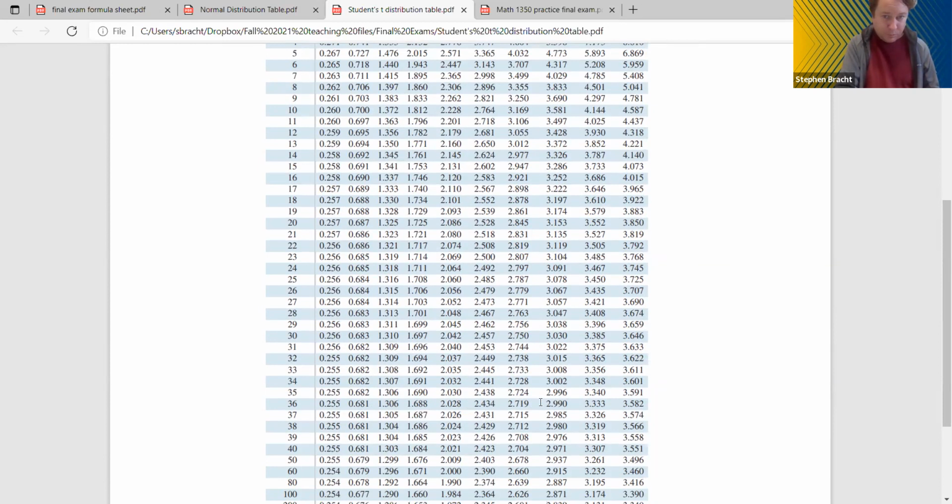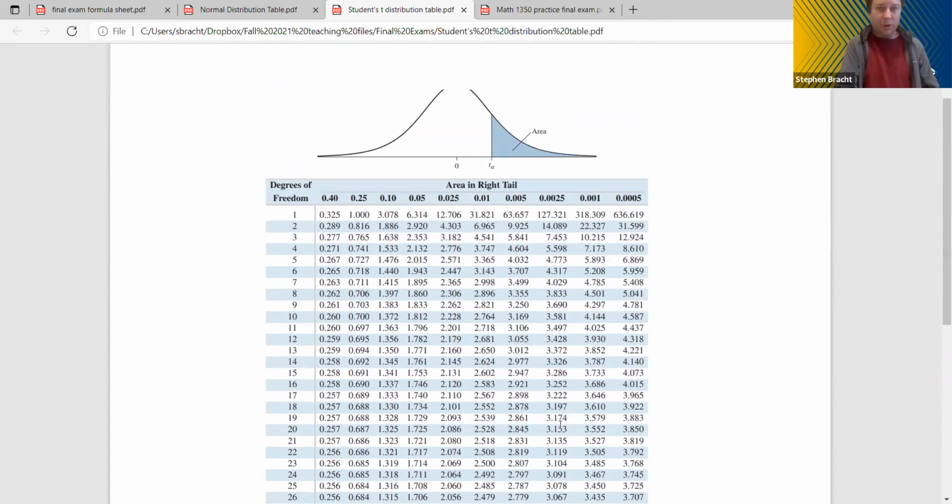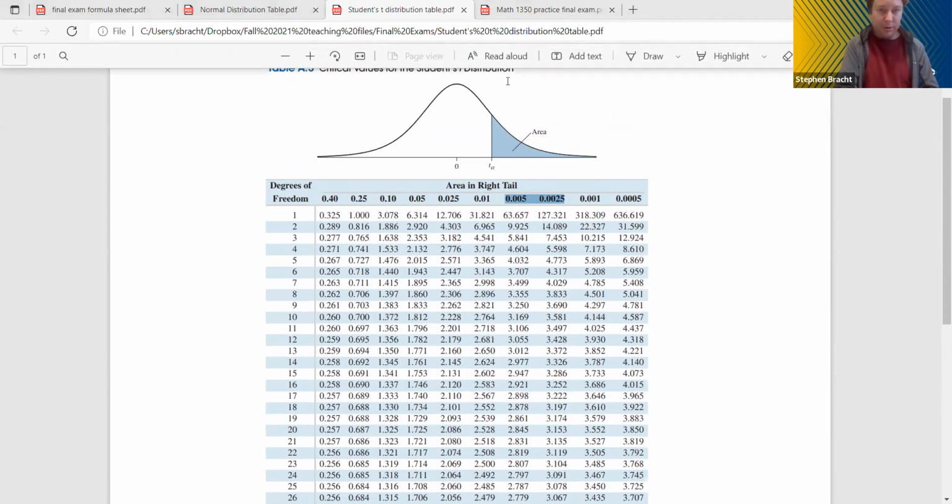It's actually these two, right? Because my t-value is 2.92. So 2.92 falls between 2.719 and 2.990. So my p-value then falls between 0.0025 and 0.005. Okay, write that down.